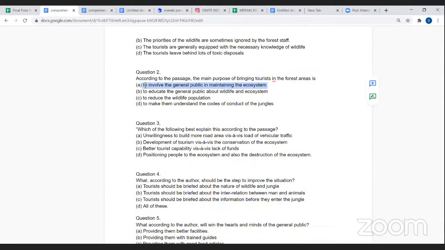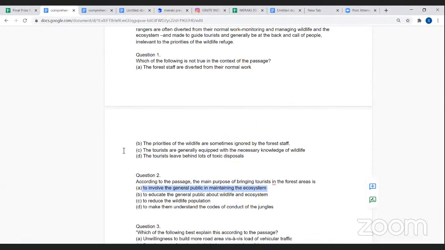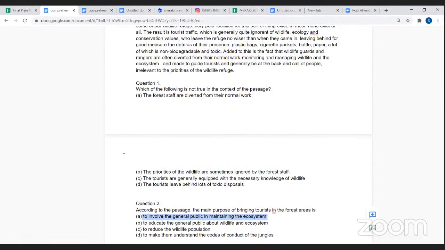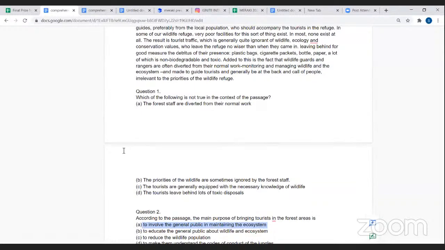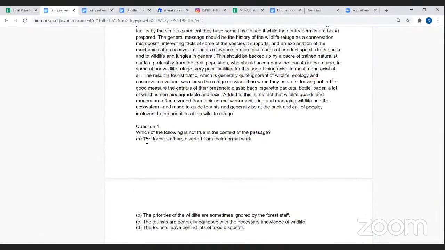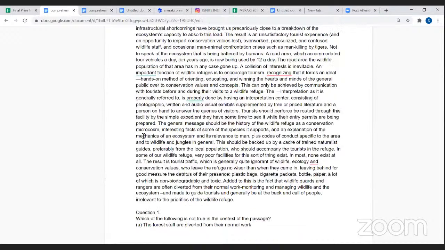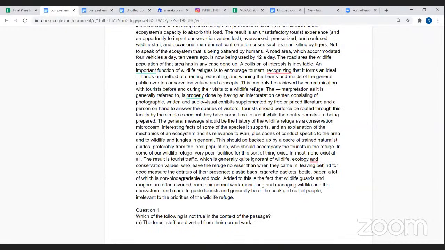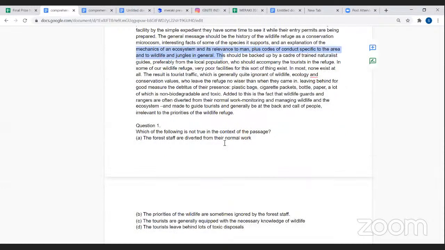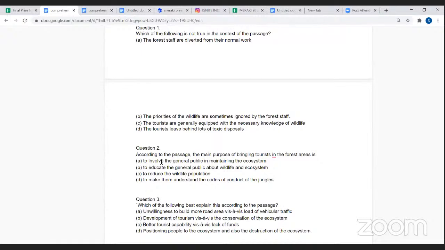So it is option A. Isn't it about educating them? It is also about educating them, but it's also about involving them. Because they have to realize that they're part of that, that is how the mechanics of the ecosystem will be relevant to man and everything, right? So it's also educating, also involving. So involving would include education also. That's why.